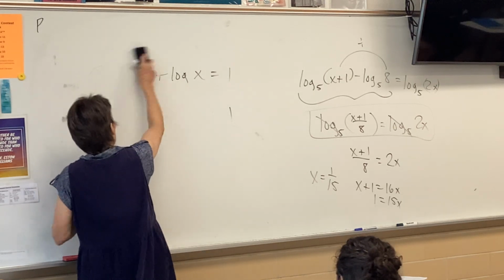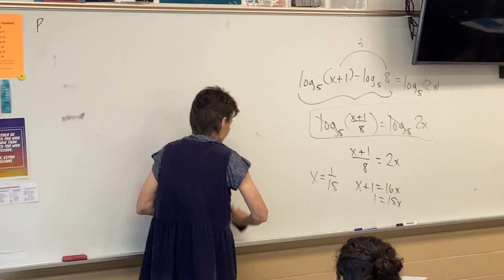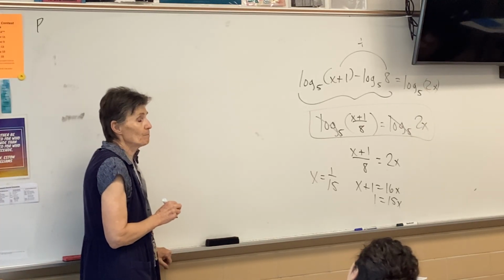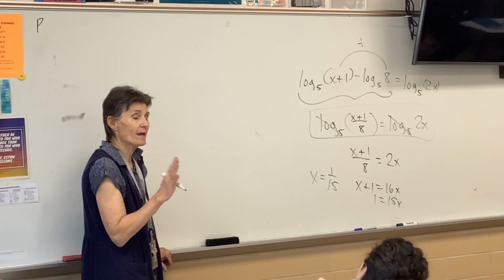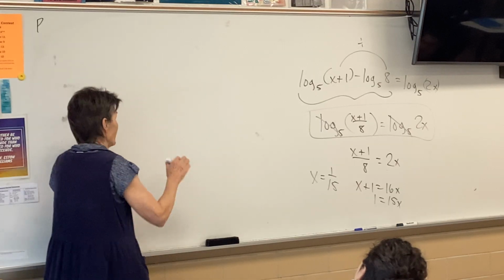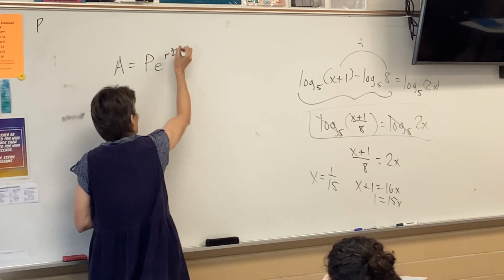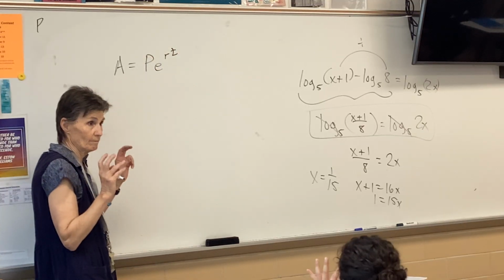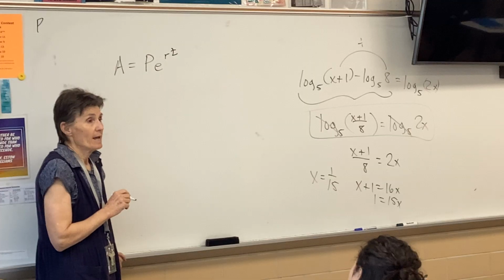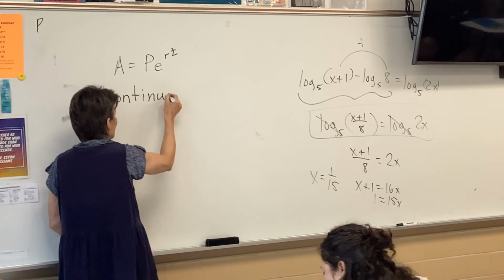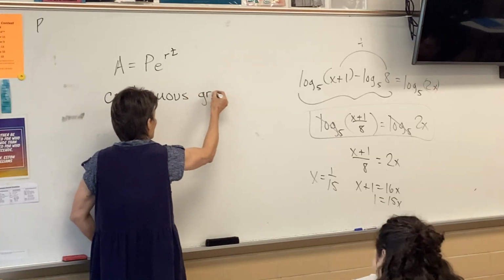These are your growth formulas. 2 of them you need to have memorized, and you may already have them memorized because you did them last year. One of them we call our PERT formula, and this is the formula for continuous growth.